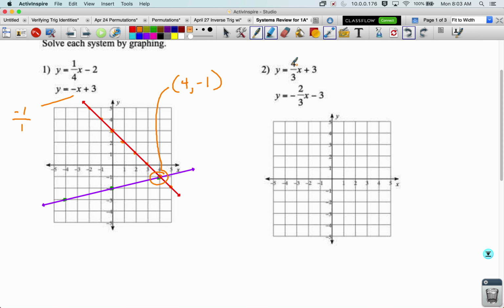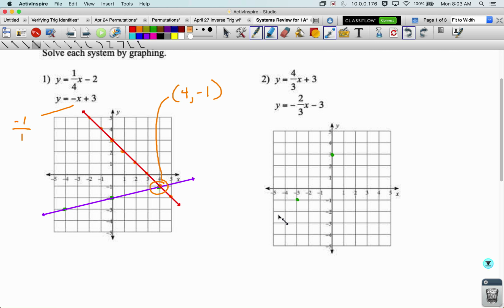Okay, number 2. Let's see, y-intercept of 3. I can't go up 4, right 3, so I have to go down 4, left 3 to stay on this line. There's only 2 points that fit. Alright, next line, y-intercept of -3.